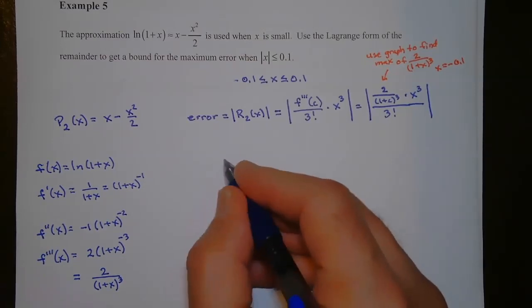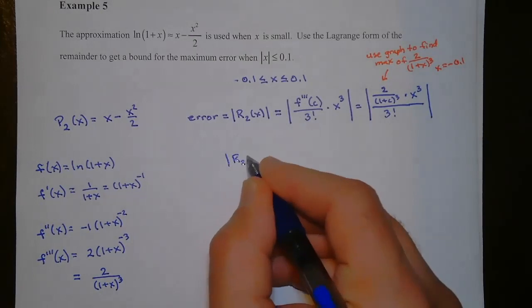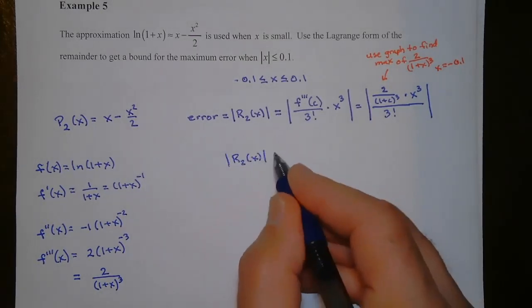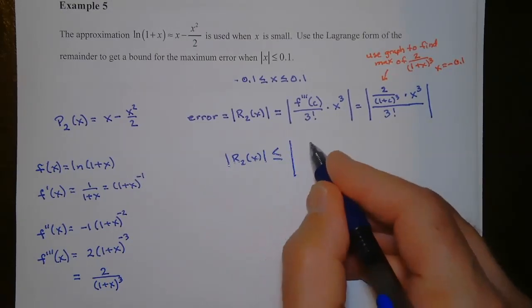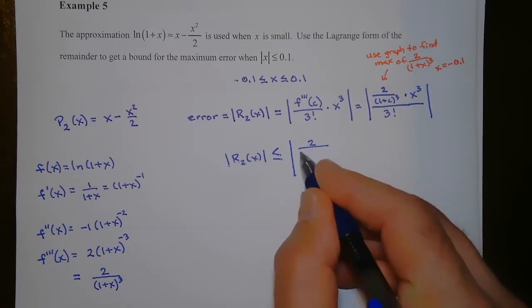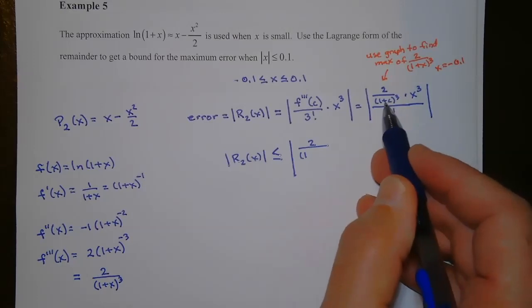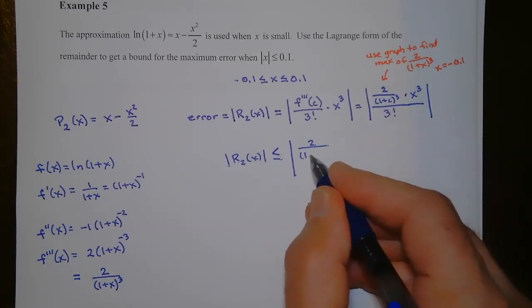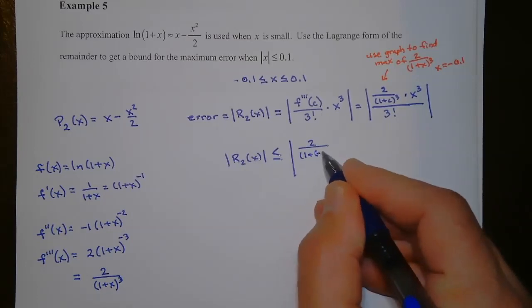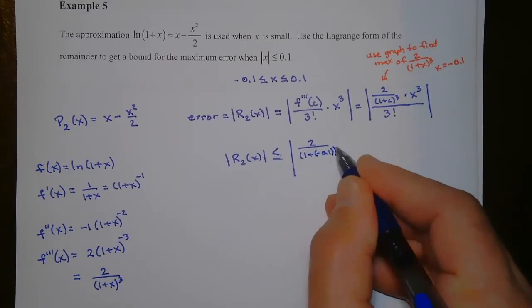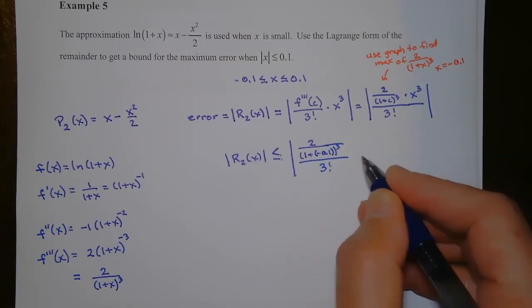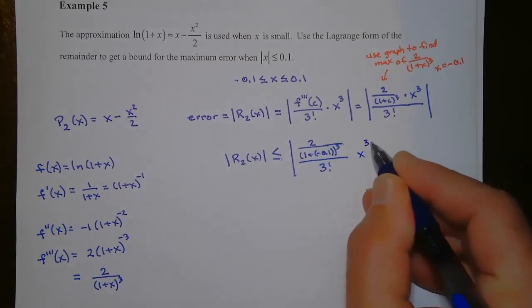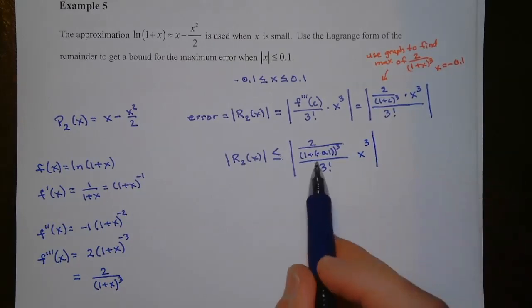So that means this error must be less than or equal to the absolute value of 2 over (1 plus -0.1) cubed, over 3 factorial, times the x cubed, which I'm putting back out here. 1 plus -0.1 is 0.9.